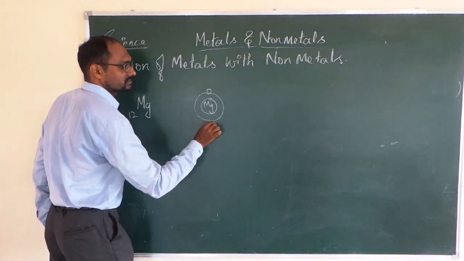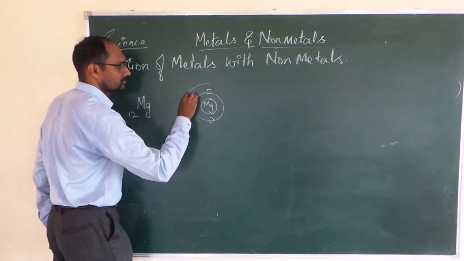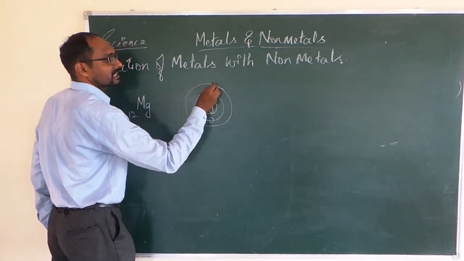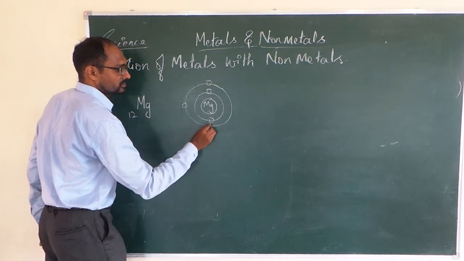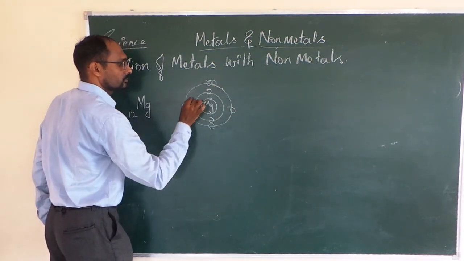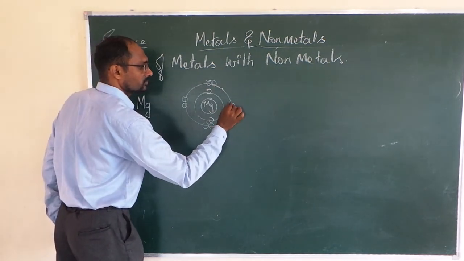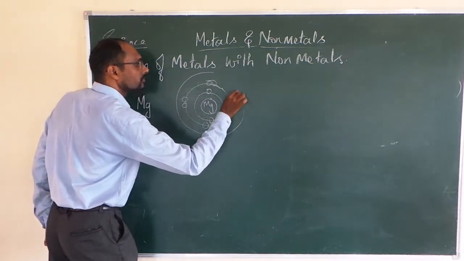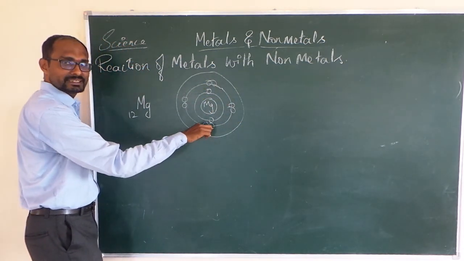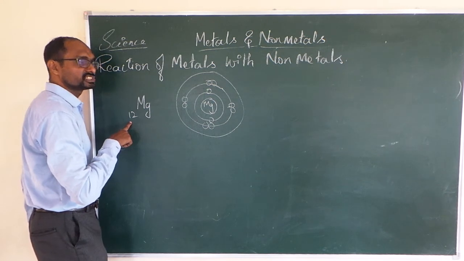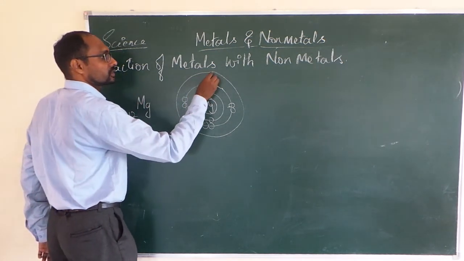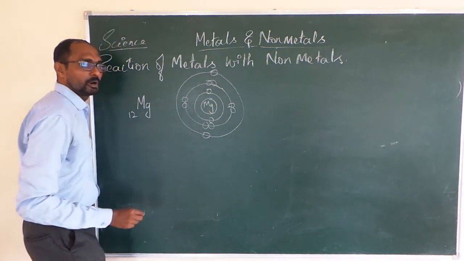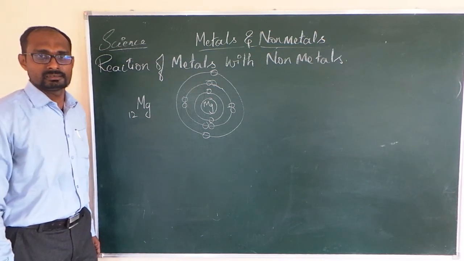So, in an atom of magnesium with the nucleus at the center, the first shell has 2 electrons, the second shell can accommodate 8 electrons, which completes a total of 10 electrons where the atomic number is 12. So, the remaining 2 electrons will be accommodated in the third shell.